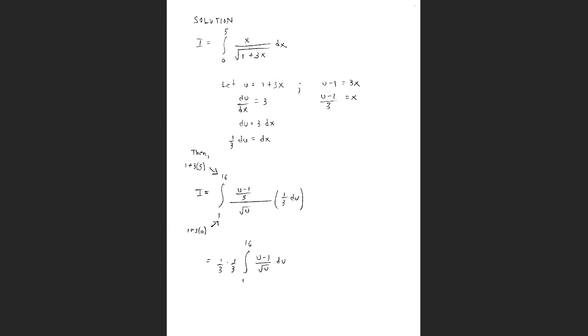Here we go. We let u equal 1 plus 3x. So again, in our original integral, the denominator becomes the square root of u.